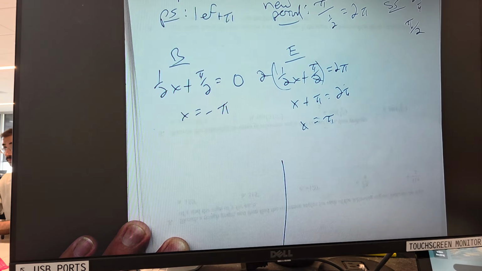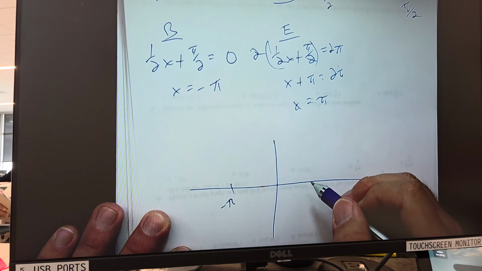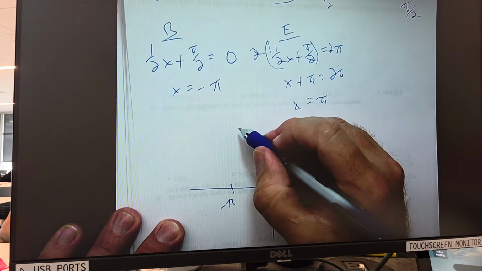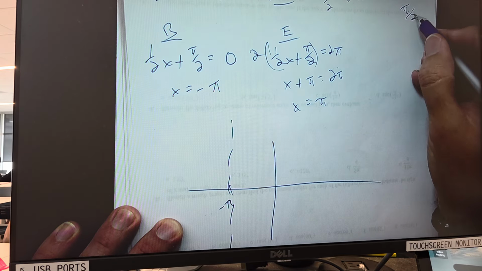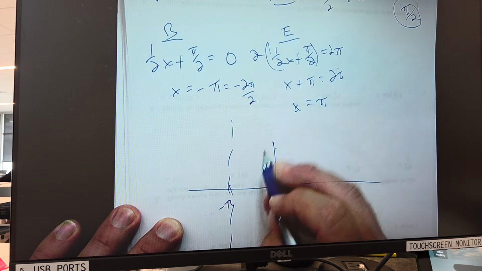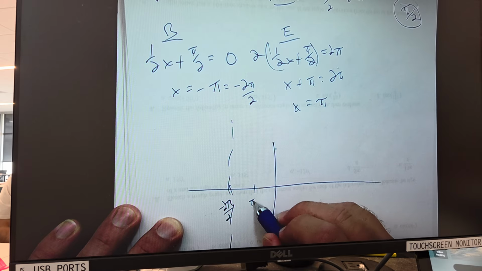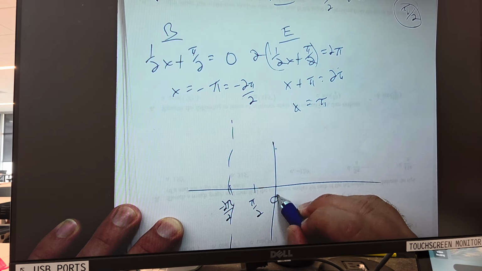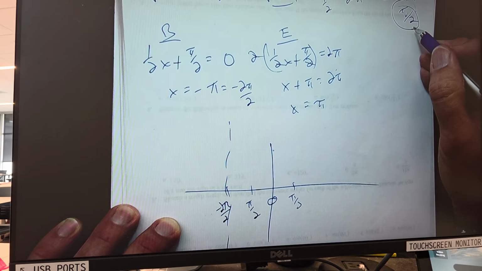So what happens at the beginning? There's an asymptote. How big are my steps? Pi over 2. So let me do this for myself. Now one step would get me to negative pi over 2. One more step gets me to 0. Pi over 2. I'm just taking a step every time, right?